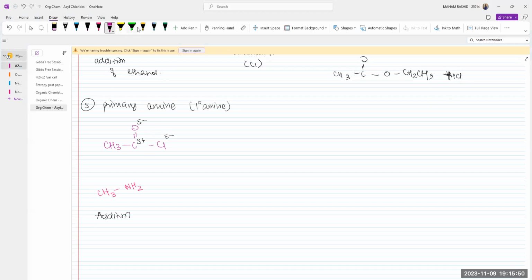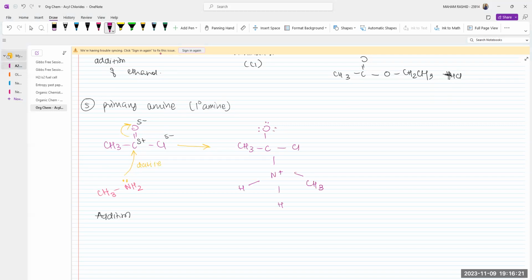Okay, it will form a dative bond. So this nitrogen has a lone pair. Nitrogen will form a dative bond with this. Oxygen's electrons go here for the time being. Then you're going to have CH3, CO, and Cl, and 2 hydrogens, 1 methyl group.